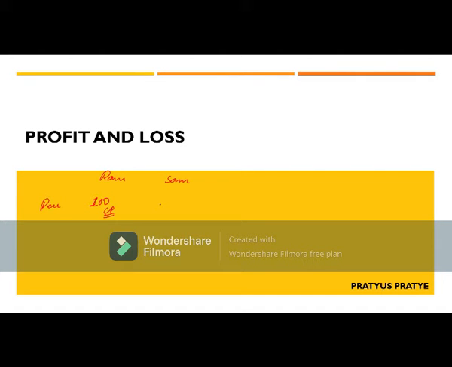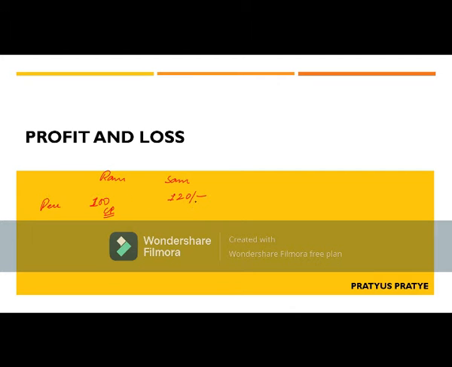And when he sells this to Mr. Sam for 120 rupees, this 120 rupees with respect to Ram is the selling price, and with respect to Sam it is the cost price.